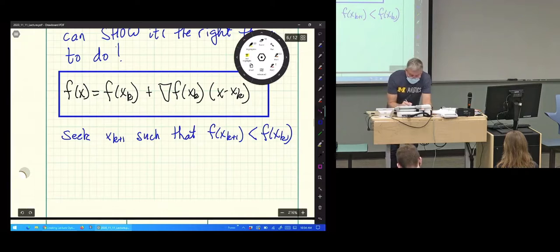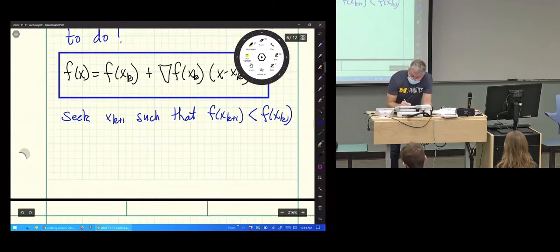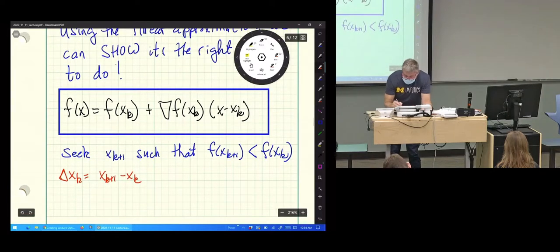So I'm going to plug in xk plus 1 here, okay? Just plug in xk plus 1. I'm going to let delta xk then equal xk plus 1 minus xk.